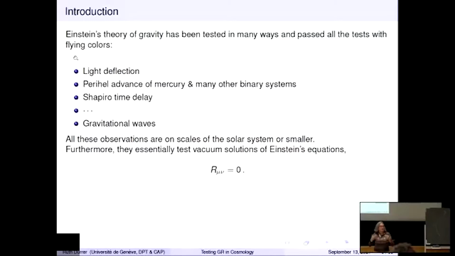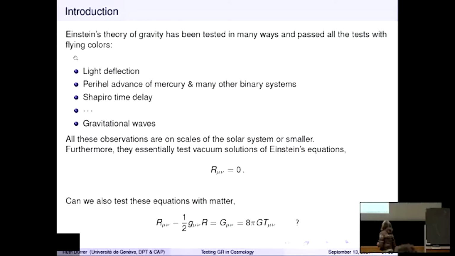Black hole solutions are vacuum solutions, and gravitational waves are vacuum solutions. So we have mainly tested GR on vacuum solutions. The question is, can we also test it with matter present, where we have on the right-hand side the energy momentum tensor of the matter around us?